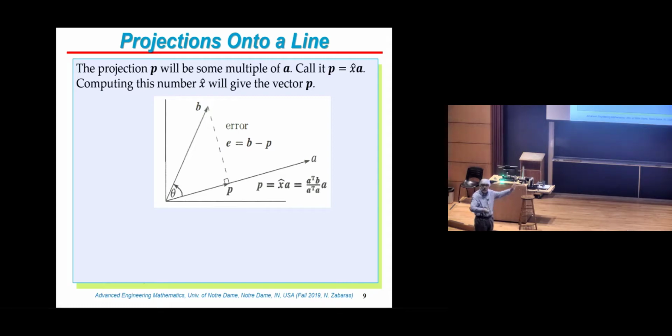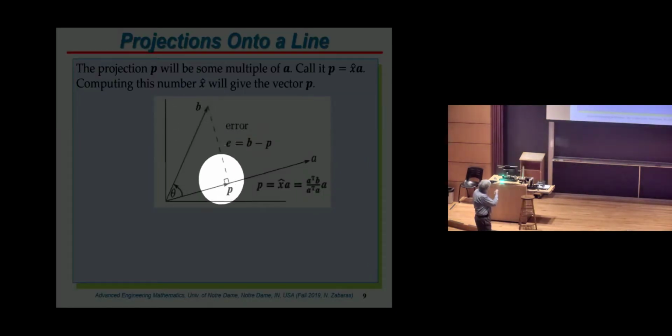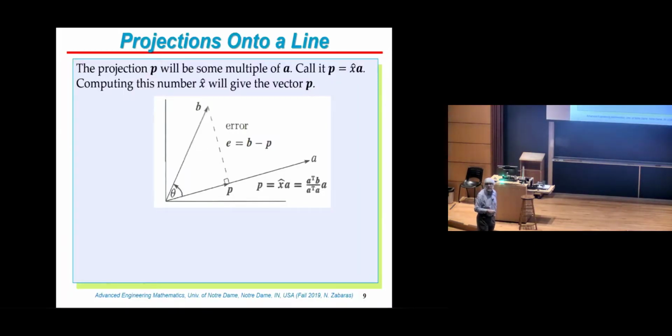Here, the error is orthogonal to that line. So in principle, if we want to approximate B with some vector on the line, this is the best solution we can get, okay? And this error, there is nothing we can do about it. All right, so let's derive this simple formula, okay?